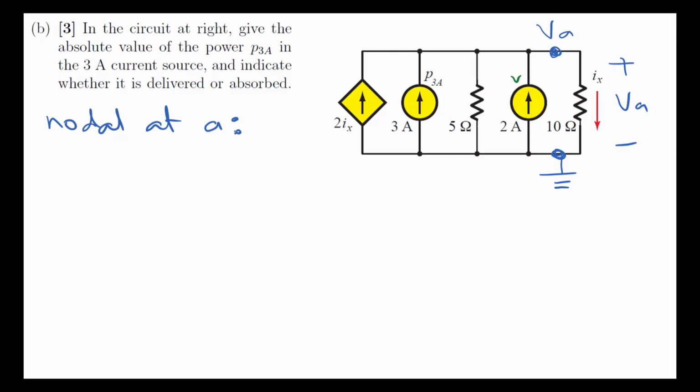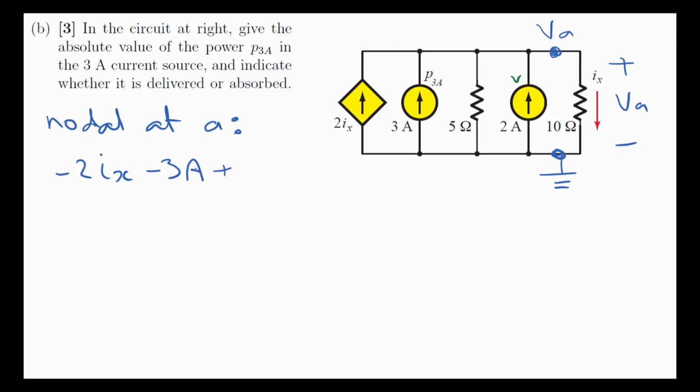Starting with the leftmost component, the 2IX dependent source, the current for it is going to be minus 2IX because it's opposing our assumption that all of the currents flow out from VA. Next we have minus 3 amps because that's also flowing into the node against our assumption.